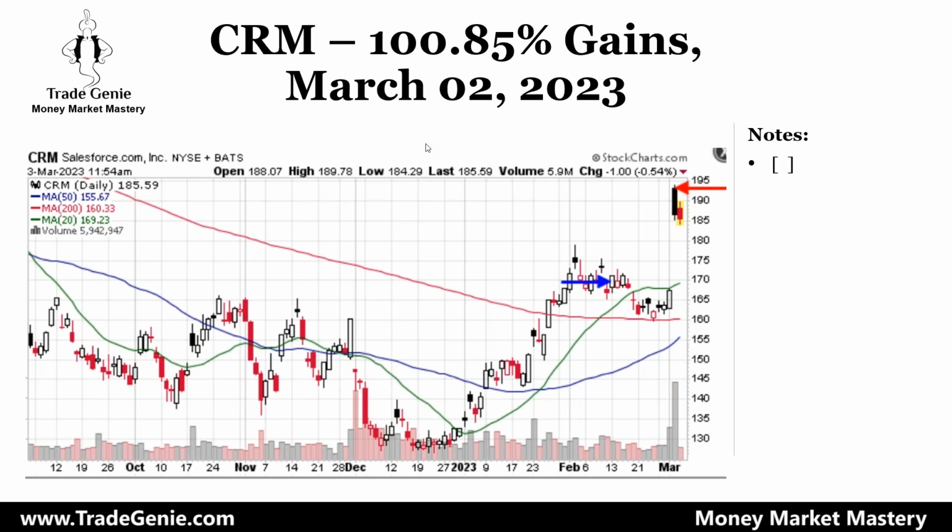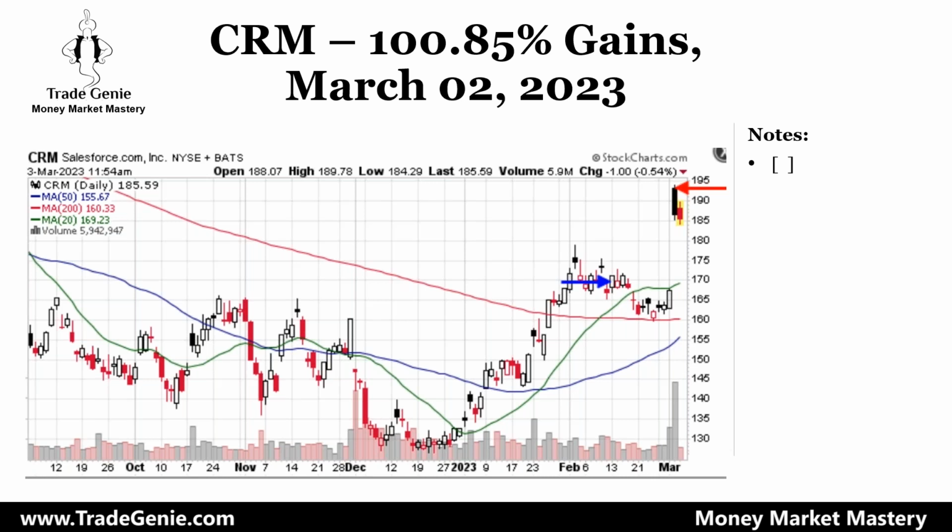CRM. This is not technical skill. This is something I got lucky with, 100% gain. CRM came on earnings. We entered here, and it just dwindled for 10 days, going up and down, up and down, up and down. Suddenly it moved up, and went to 193.80 during pre-market hours or after-market hours.